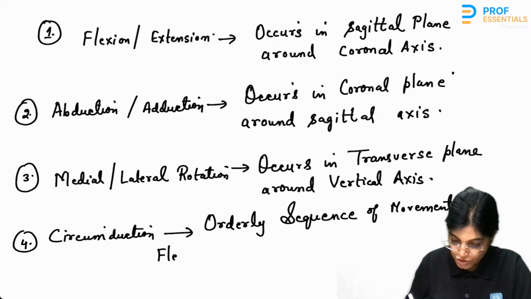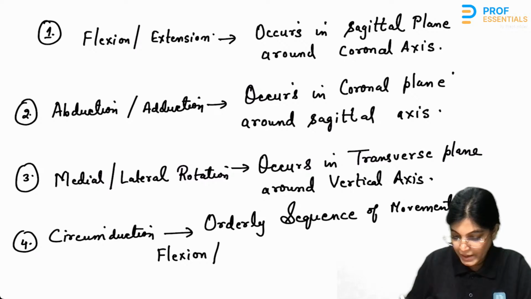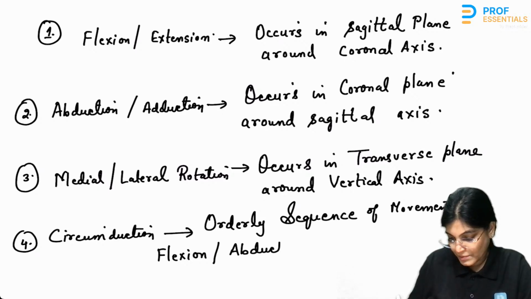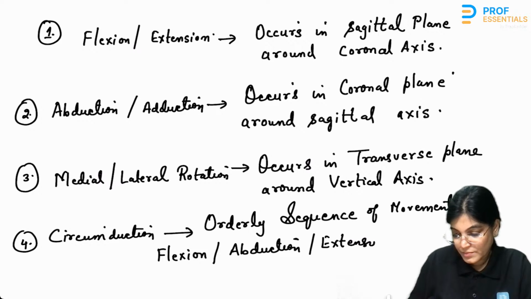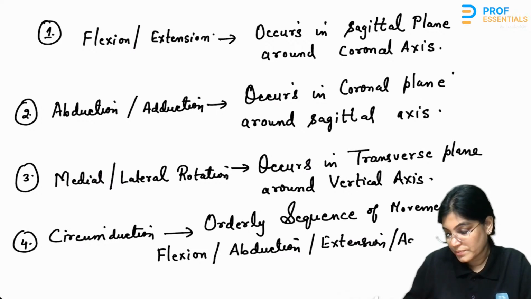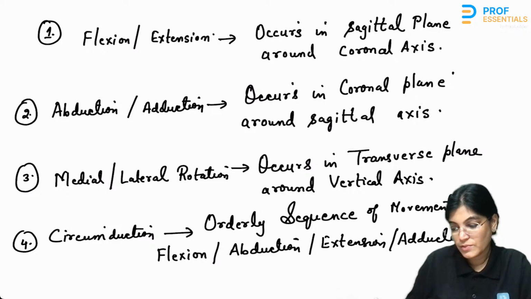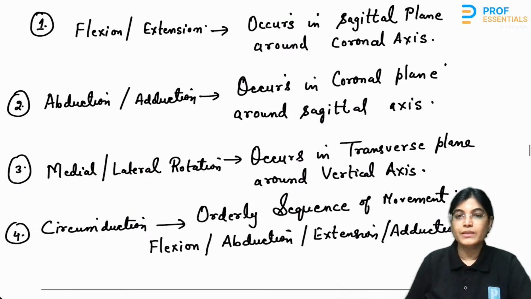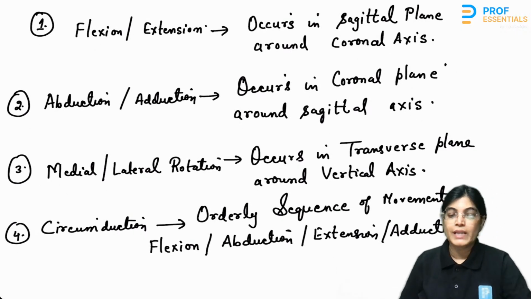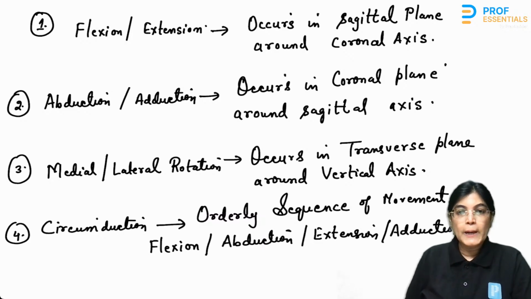Firstly we have flexion, followed by abduction, followed by extension, and then adduction, and just the reverse of it. That is the combination movement, the circumduction movement. Okay, so done with this.